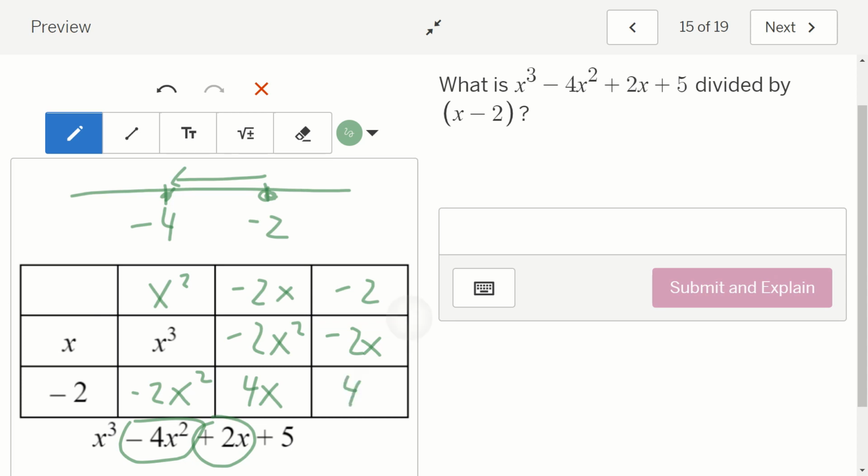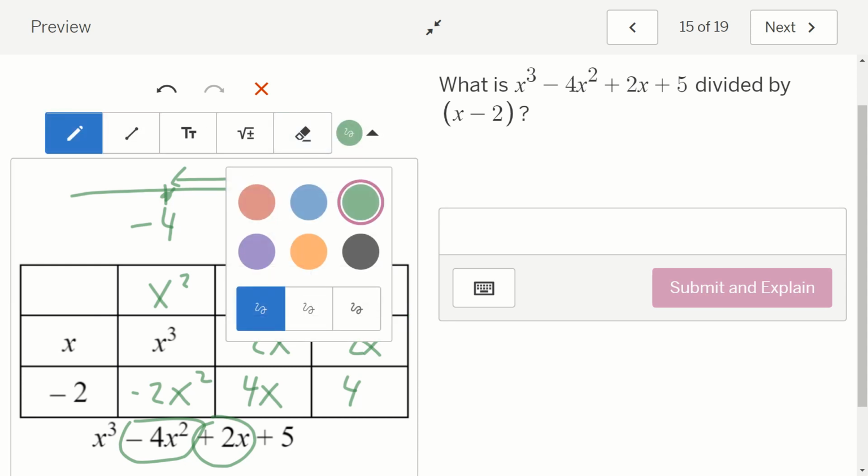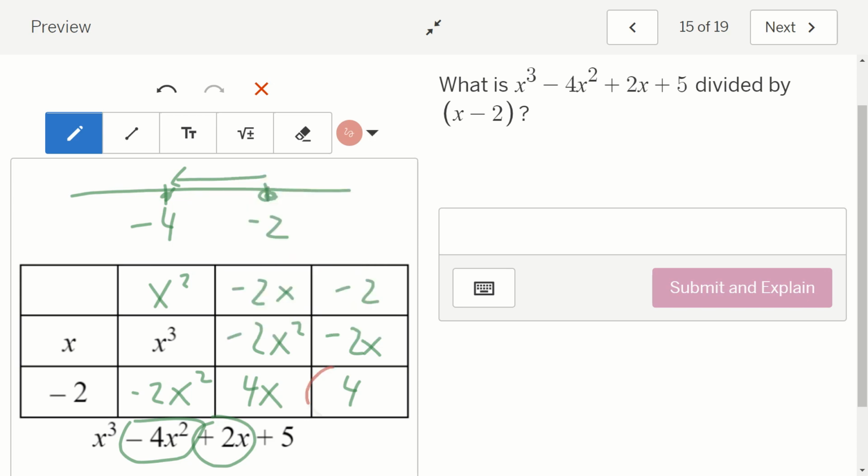Now, I do want you to find that remainder. What would that number out there have to be? Well, we want a positive 5, but we've got a positive 4, so we would need to get a 1 there.